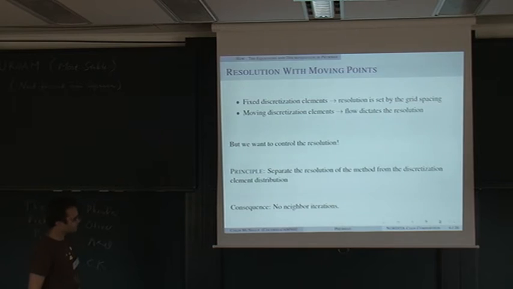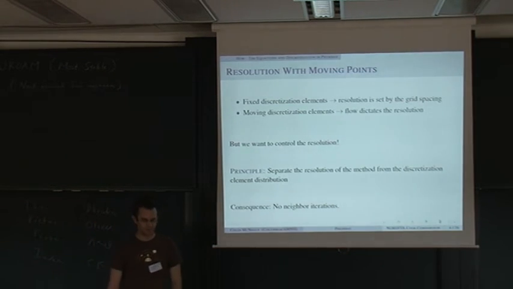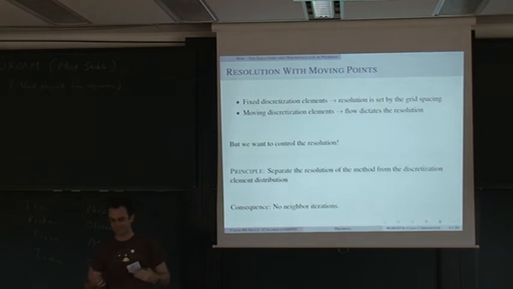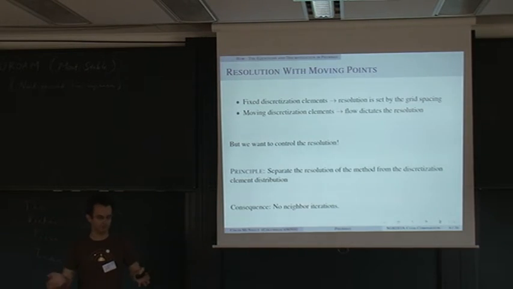So, how do we want to go about doing this? One of the issues there, as soon as we start moving the points around, is what really is the resolution at each point of the flow. If we had a grid, the resolution would be set by grid spacing, it's just delta x.